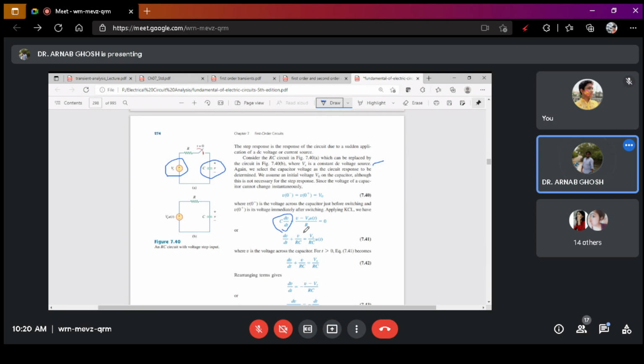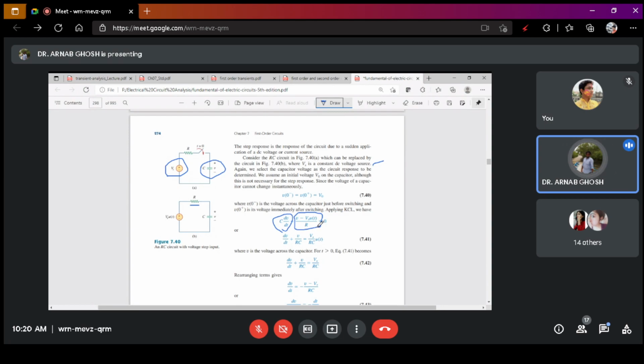Okay. So what will be the voltage across the resistance? The voltage drop that you are getting here is with respect to the source voltage and this capacitor voltage, divided by R. That will be the current across the resistance.